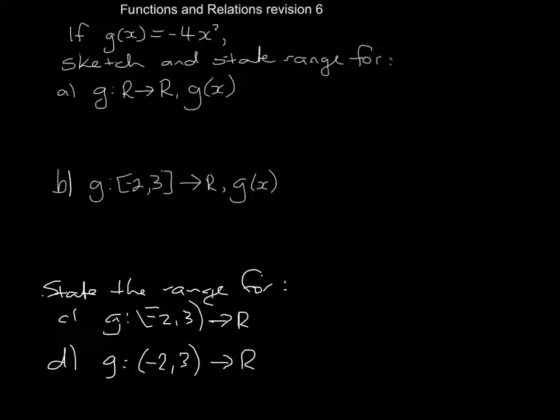Firstly, if we have no restriction in the domain, what's it going to look like? If we're going to sketch the graph, it is a negative quadratic.